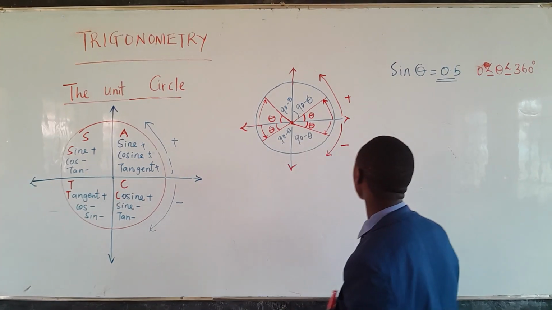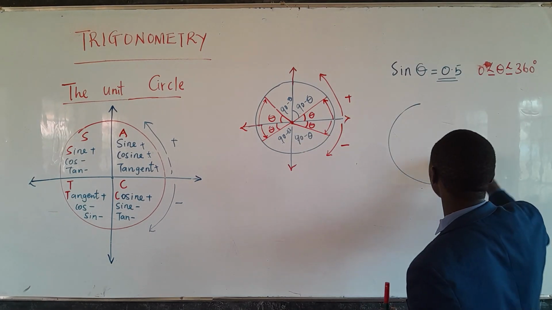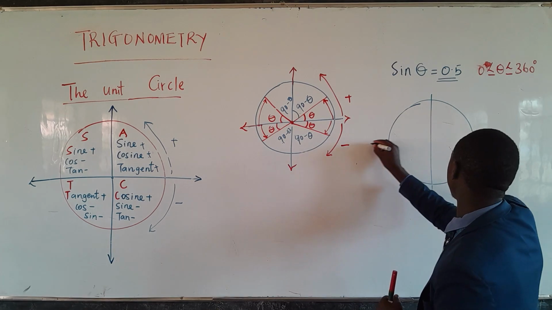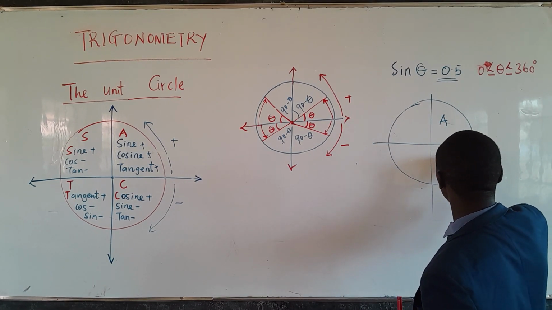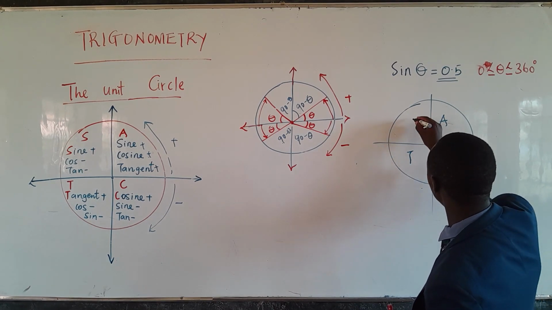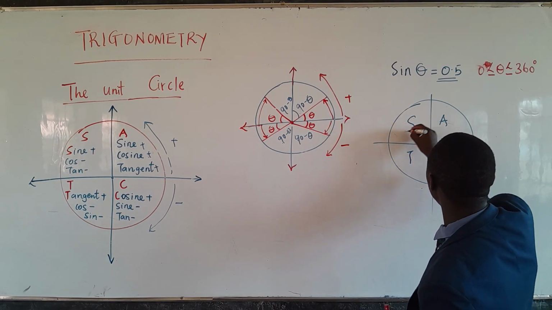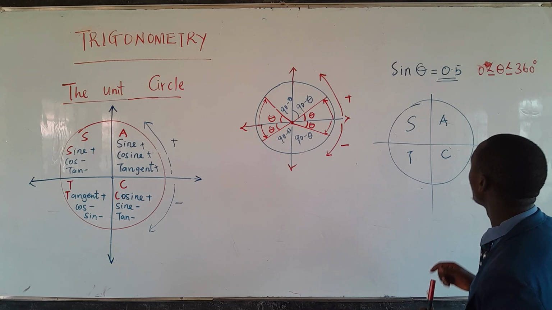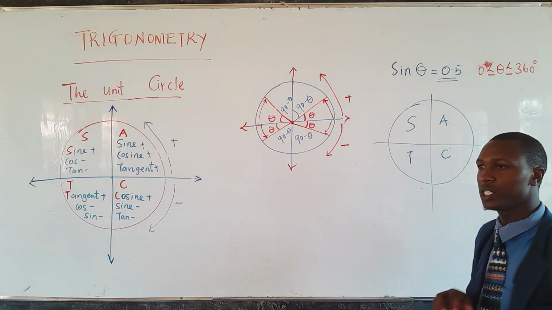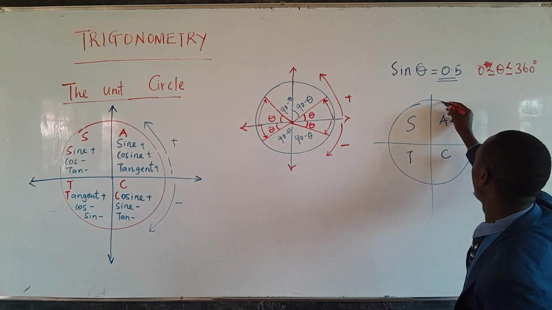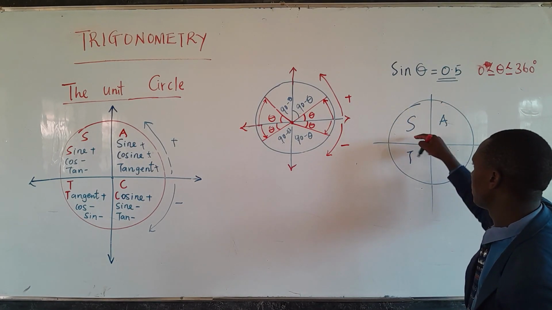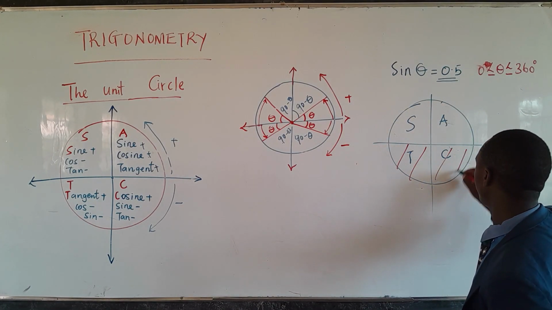For instance, if we say that this is all positive, and this is cosine is positive, tangent is positive, and the sine is positive here, then we are going to look to find those two quadrants whose signs are positive for sine. All are positive here, and the sine is positive here. It means we don't want to use these angles.